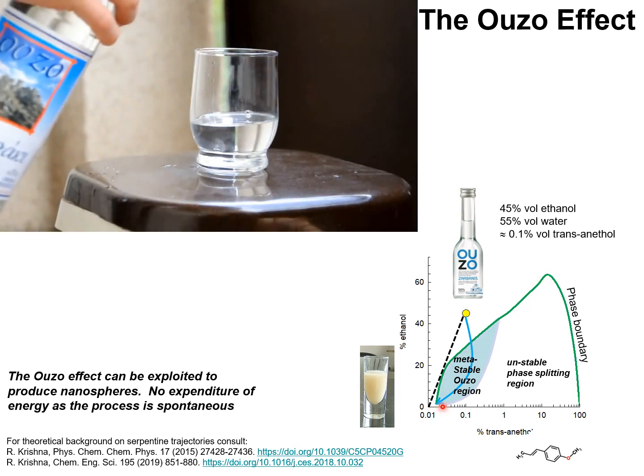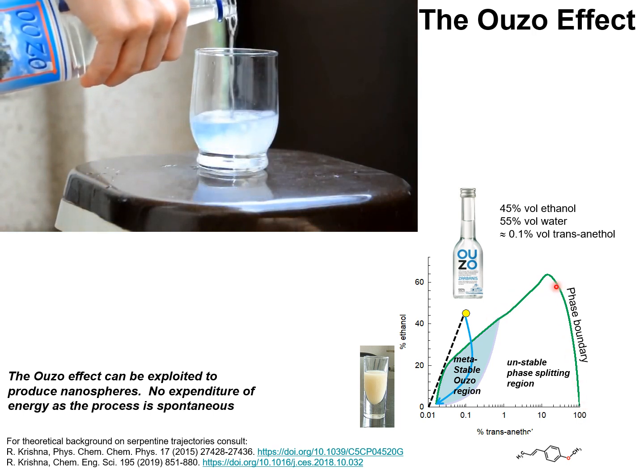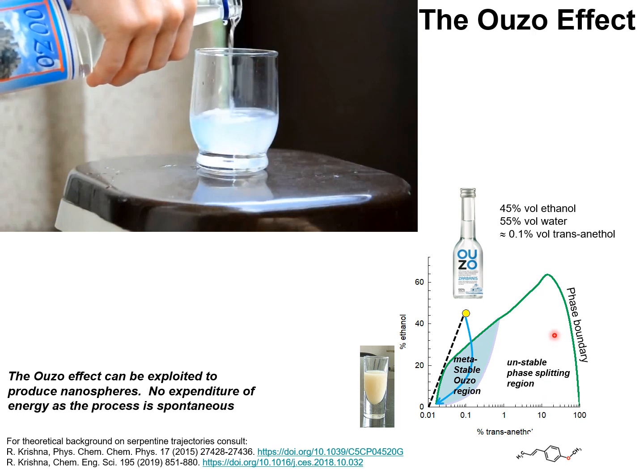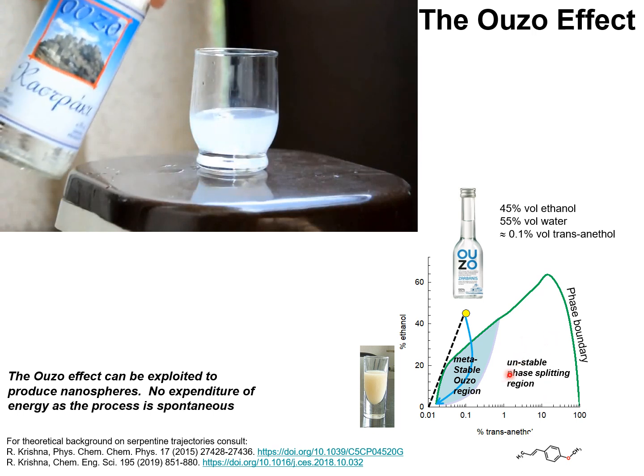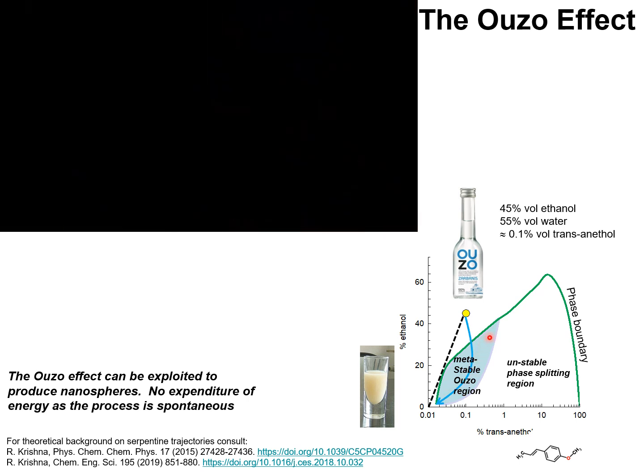This region defines the region of phase stability. This consists of a metastable Ouzo region indicated by this shaded region and an unstable phase splitting region. The composition of Ouzo is indicated by the yellow circle here.